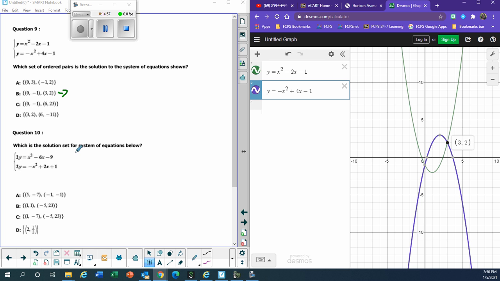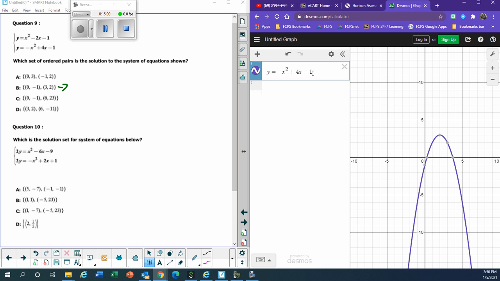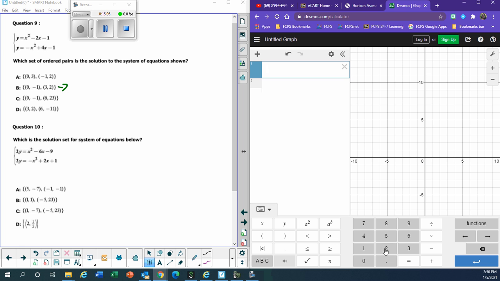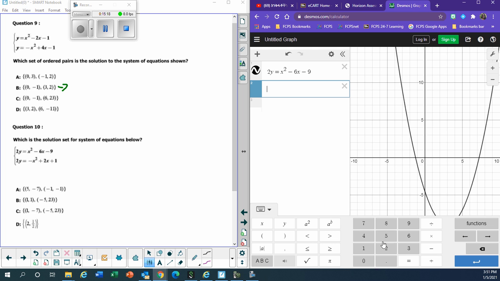Okay? So number 10, the same thing. You're going to come here and you're going to put in the equation, right? 2y equals x squared minus 6x minus 9. That's the first one. The second one is 2y equals negative x squared plus 2x plus 1, right?